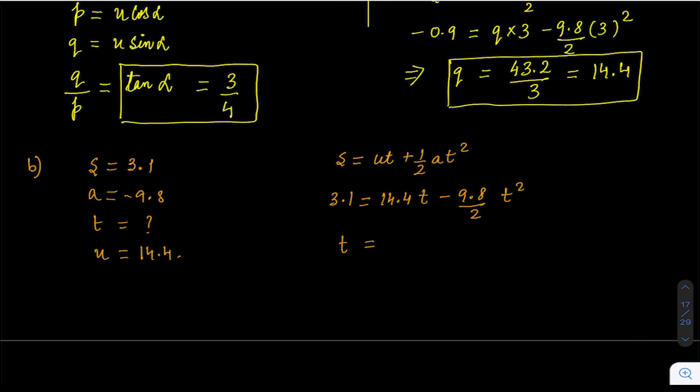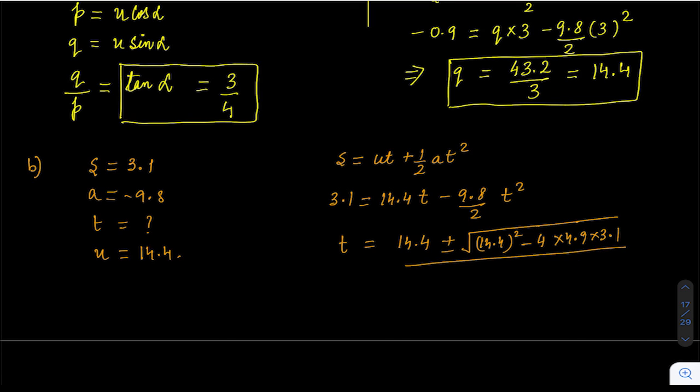Okay, so this will be a quadratic. I can use the quadratic formula, minus b plus minus square root of b square minus 4ac, divided by 2 times 4.9. Or you can just directly use your calculator, it will give you the value directly.